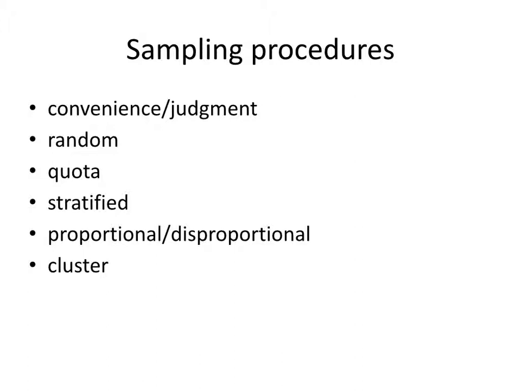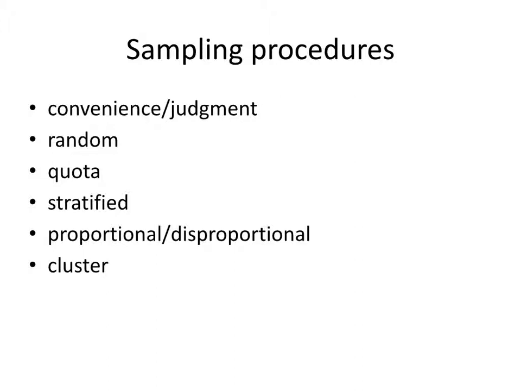Quota sampling is done when the researcher expects that there are other factors at play. So earlier we talked about control variables. These are measures that are taken because we believe that there are other variables that influence the dependent measure, and we want to measure those to control for them.